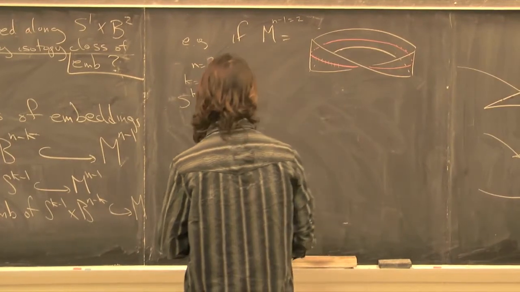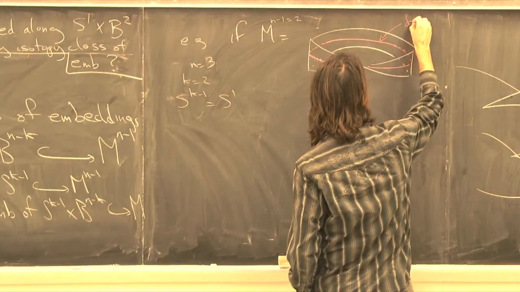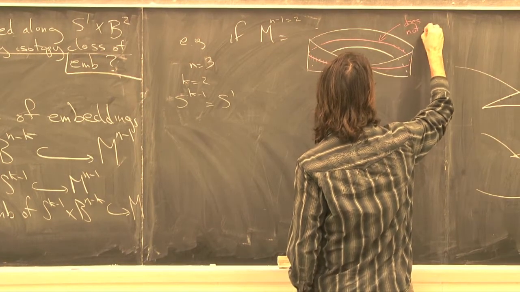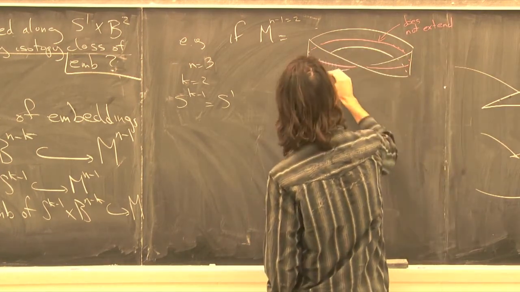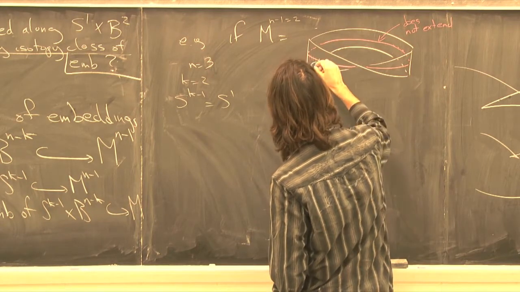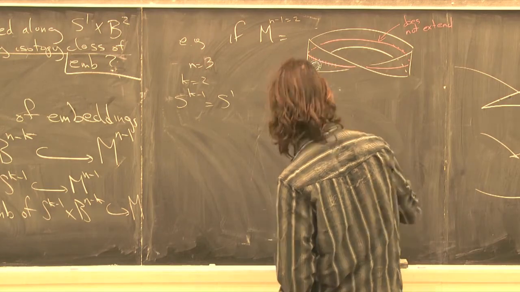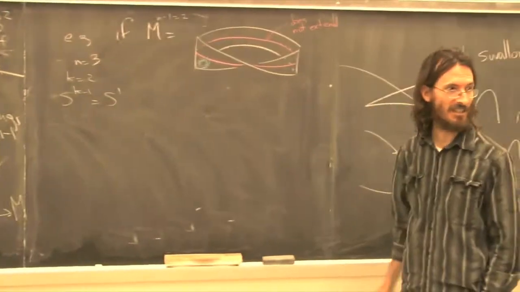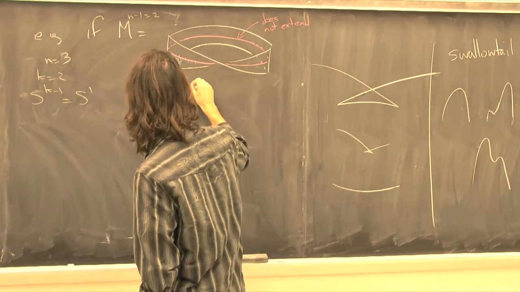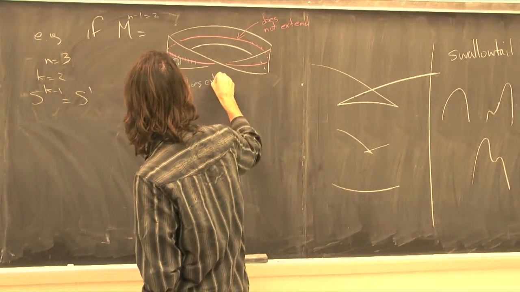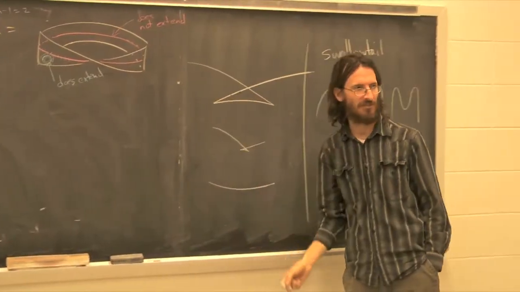So this one does not extend. But of course, if I draw a little circle here, a little circle that bounds a disk does extend. So what's the issue here? The issue is the normal bundle to the submanifold.